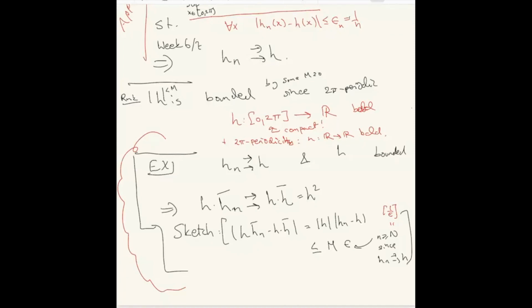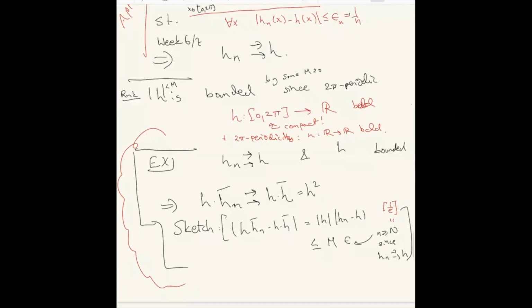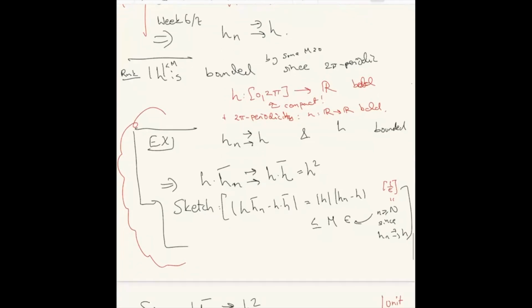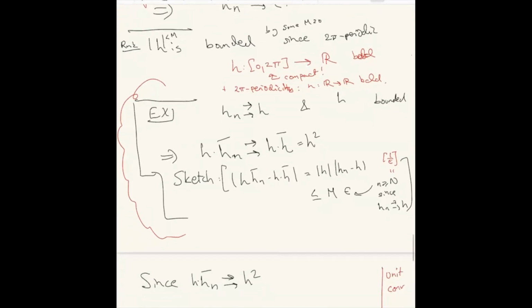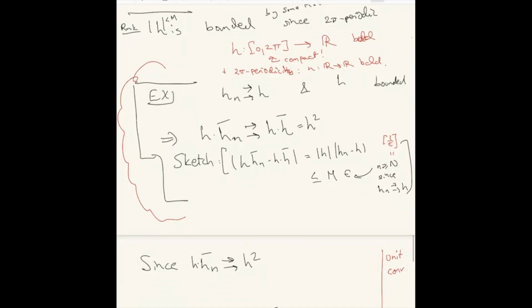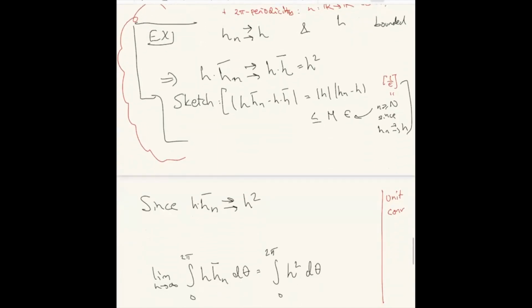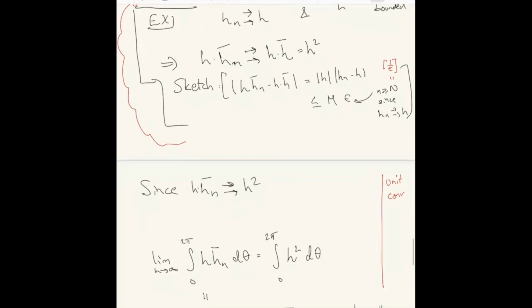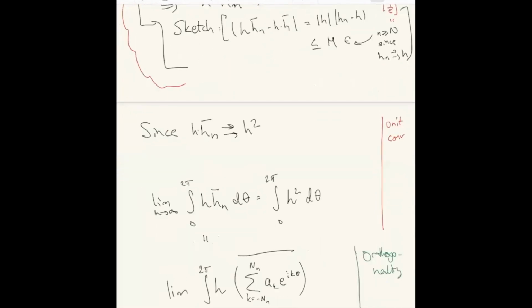So adjusting the choice of epsilon will allow this to work. This is a sketch. I want to highlight the main themes without getting too bogged down by the details. Okay, so we get that h times hn bar converges uniformly to h squared.